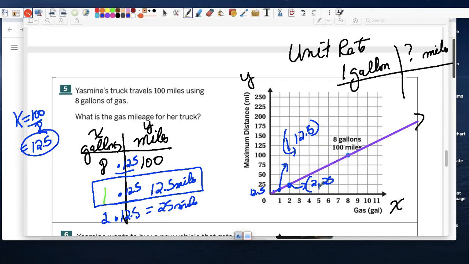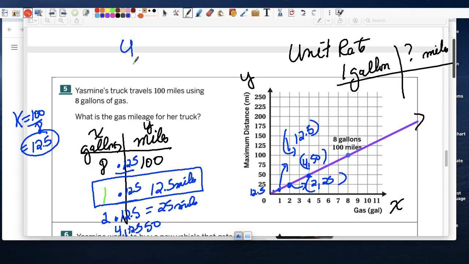Right? So the constant of proportionality, and if you pick other points on this graph, if you look at this one, 4 comma 50 from the graph, and I add it over here, 4 gallons is 50 miles. Was it multiplied by 12 and a half? Yes, it was. So no matter what ordered pair you pick, to get from x to y, you're going to have to multiply by 12 and a half.